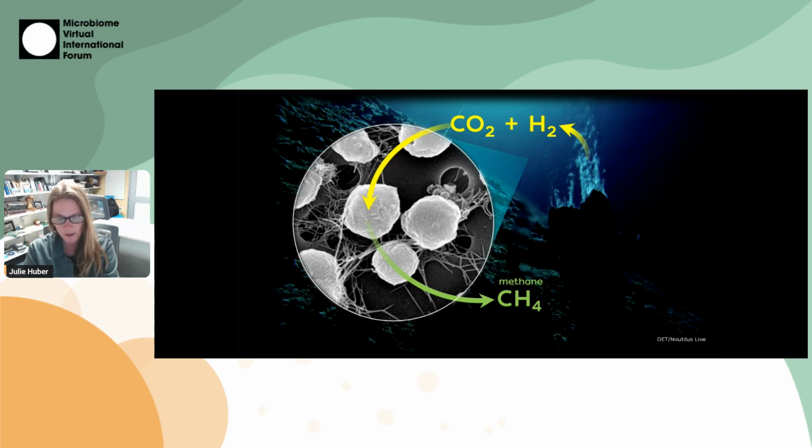And these organisms can grow up to the highest temperature known for life on our planet, which is 122 degrees Celsius. An example of this organism was isolated from a deep sea hydrothermal vent. So these are wildly successful organisms across our planet, but this type in particular in the deep sea.